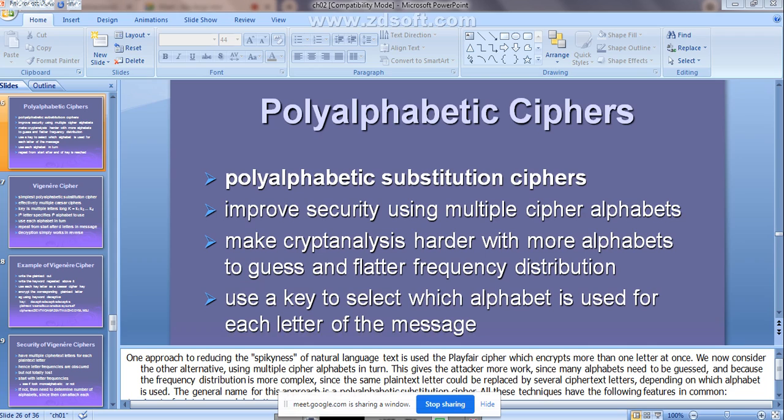Analysis will be very difficult, and it produces more ciphertext. So it was widely used for many years, for example by the US and British military. It can be broken given 100 letters. Just remember it is more secure compared to the monoalphabetic.